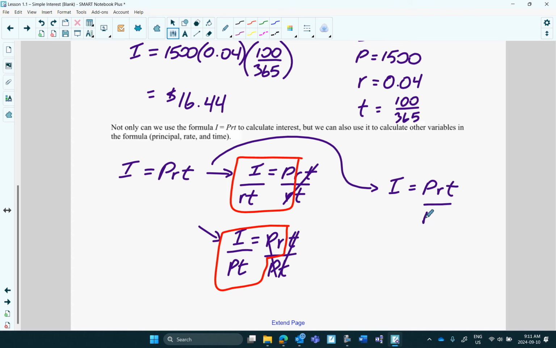This time we divide PR to get T by itself, which means we divide the interest by PR. And we get this. So basically, if you want to find P or R or T, take the interest, divide the other two times, multiply together.